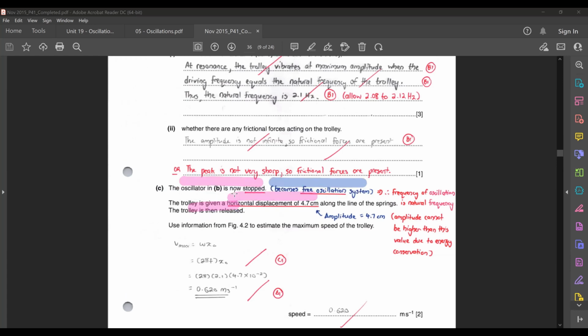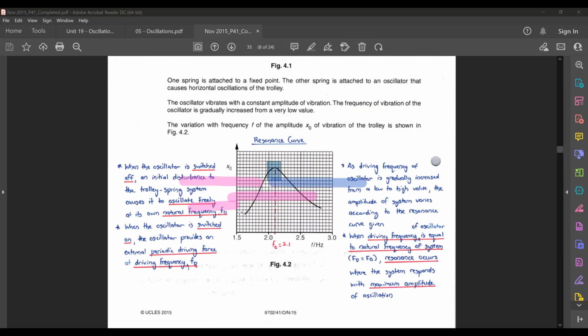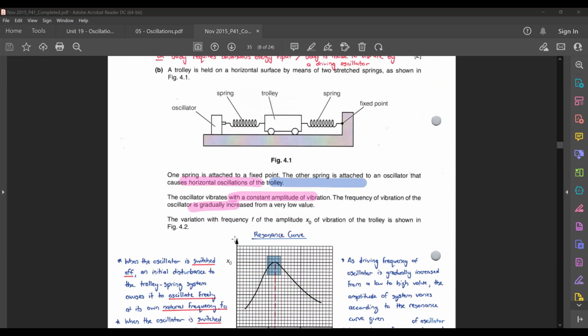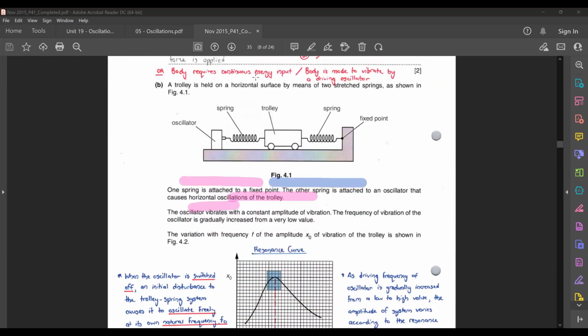So looking at how the diagram looks like for your current question, you can see that even if your oscillator is switched off here, you're only left with these two springs and your trolley in the middle.